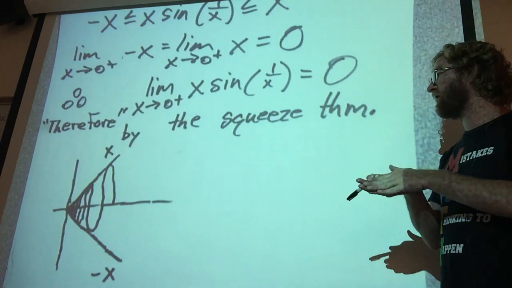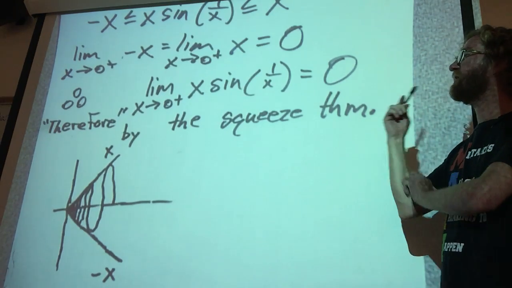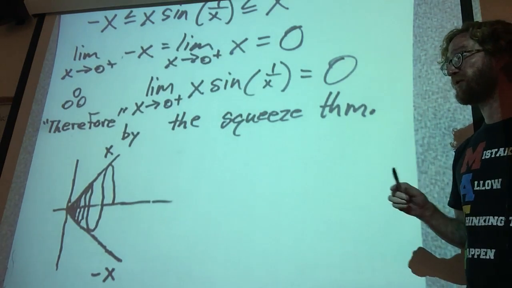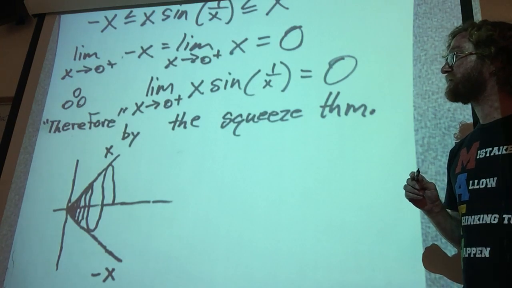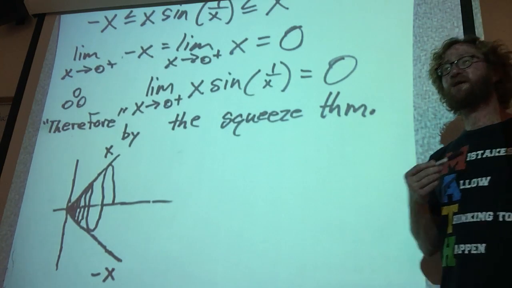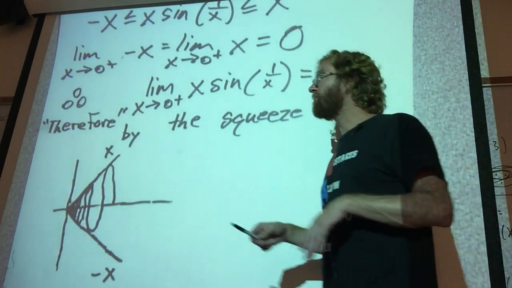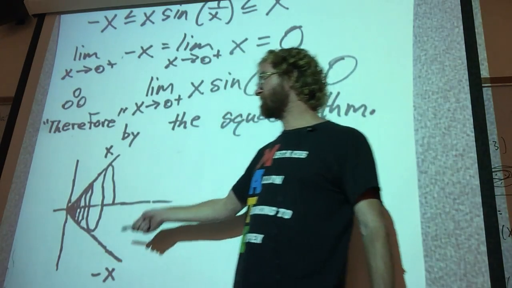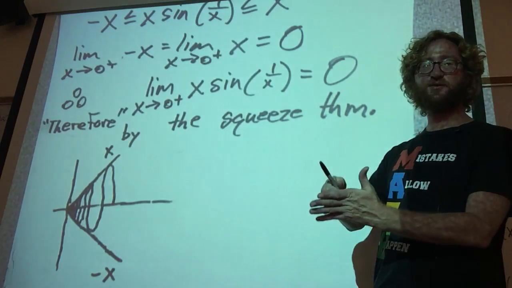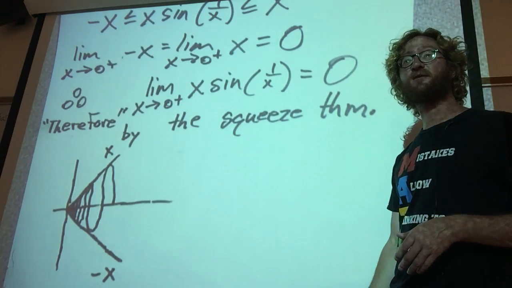That's why x sine of 1 divided by x will tend towards 0 in this case. When I say two cops and a drunk guy theorem, the drunk guy can wobble around as much as he wants, but x is a cop, negative x is a cop. They're both going to the same place, so they're both taking that guy to the jail cell.